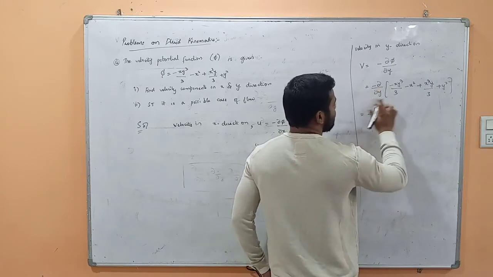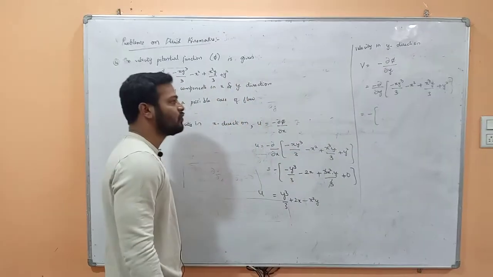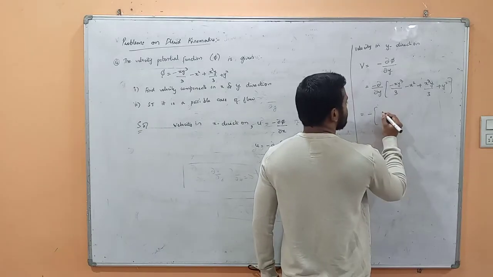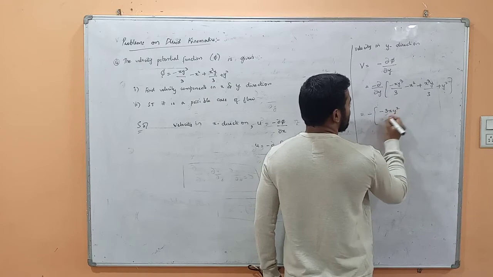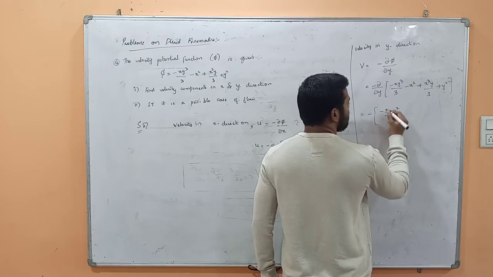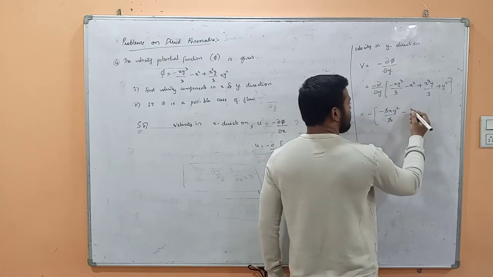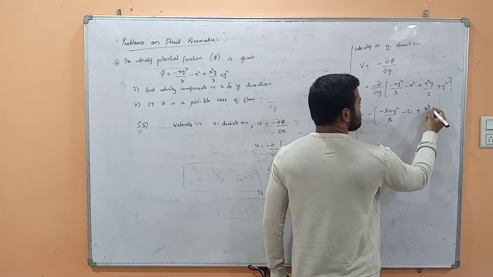You have to partially differentiate this with respect to y. When partial differentiating with respect to y, x will be constant. So what remains is minus 3xy square by 3, so the 3 cancels. Partial differentiation with respect to y means x is constant, so this is 0. Again x is constant here, so this is x cube by 3.